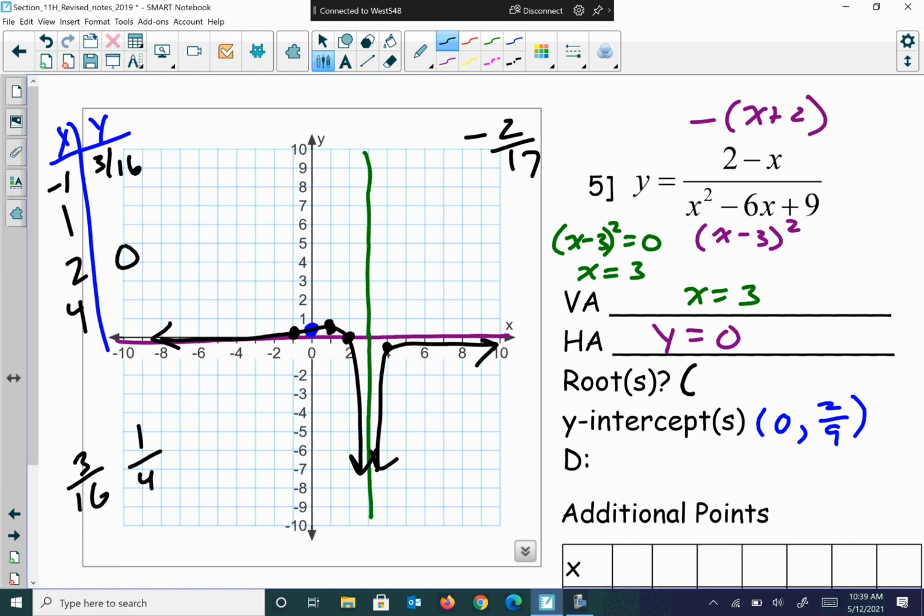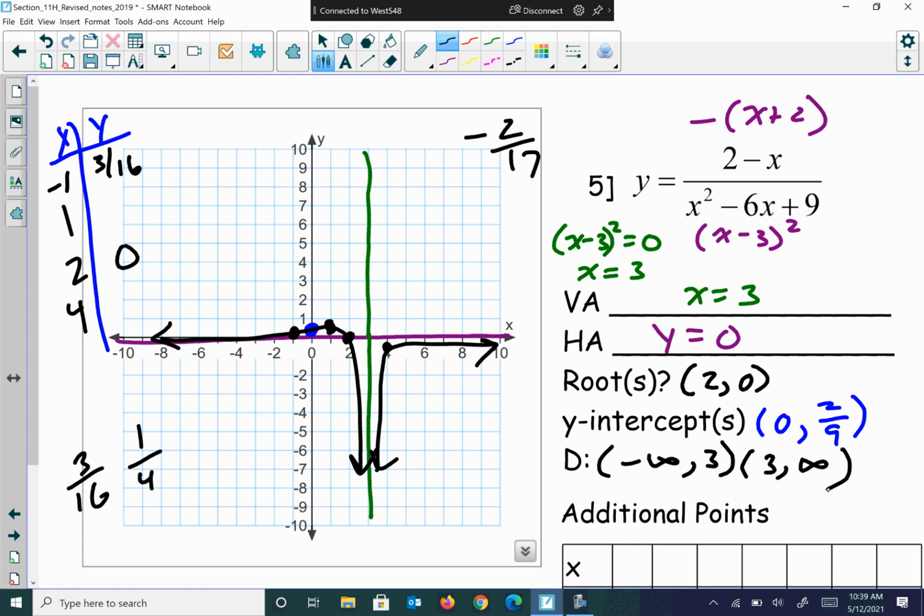Roots. Domain. Oh my goodness. I kid you not. Look at how ugly that graph is. Like, how in the world are you even supposed to know this? And I'm being sarcastic, but I'm also kind of halfway serious on it. It's like all the rules that you learned about asymptotes is now being broken. Well, can we ever cross the vertical asymptote?